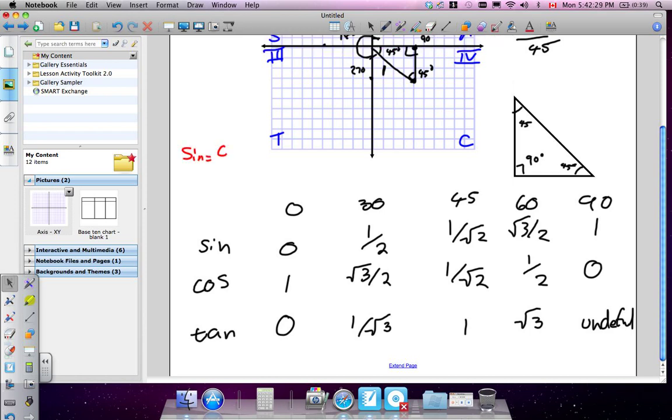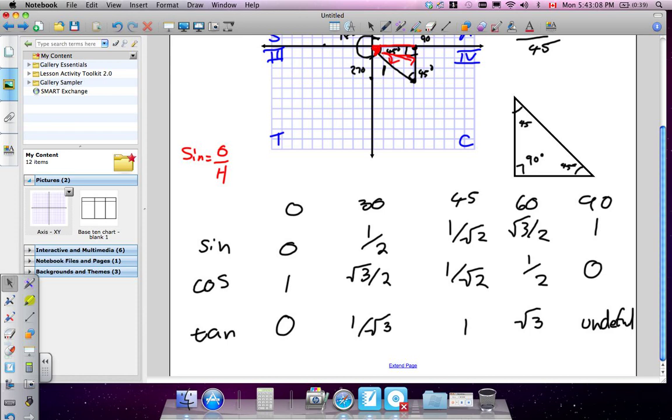So we're dealing with this angle, which is our 45 degrees. We need the opposite side, which would be here, and the hypotenuse.